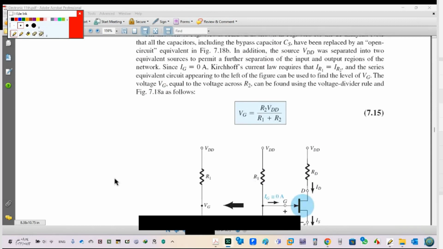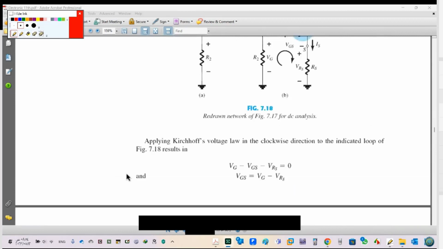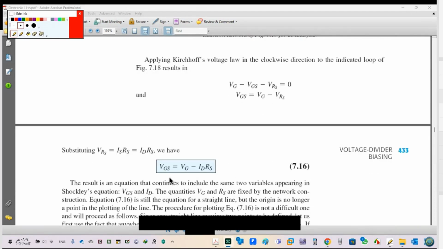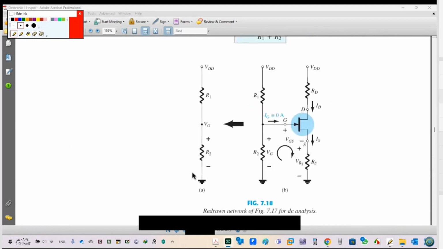Now I want to ask myself, how can I draw the load line? Let's check. VG minus VGS minus VRS equals 0. VGS equals VG minus ID RS. Okay, this is the value. See, this is the circuit here. This is VG, or V Thevenin.